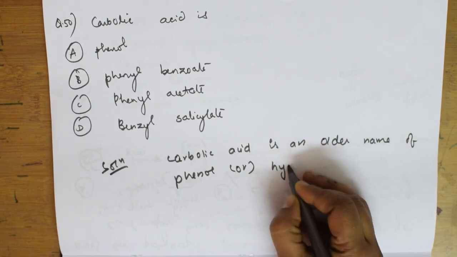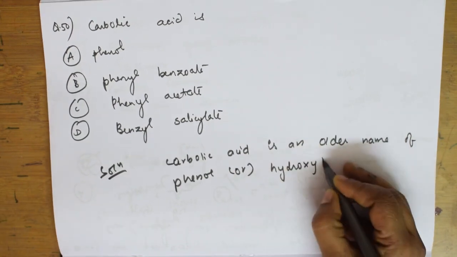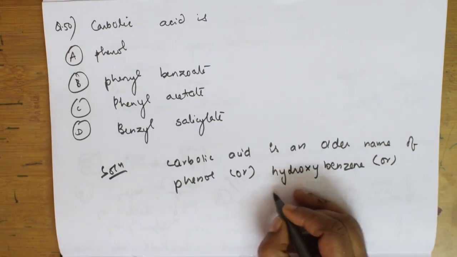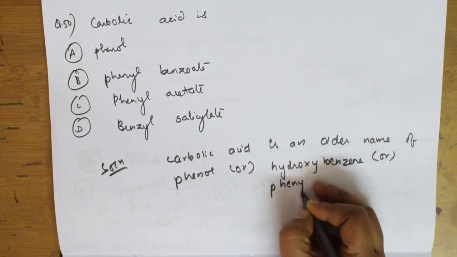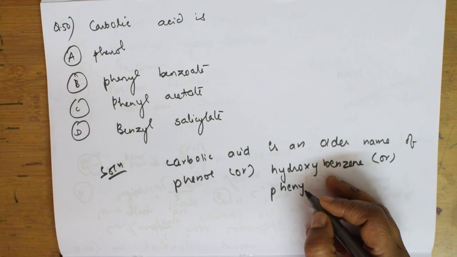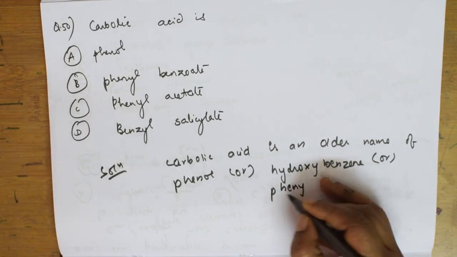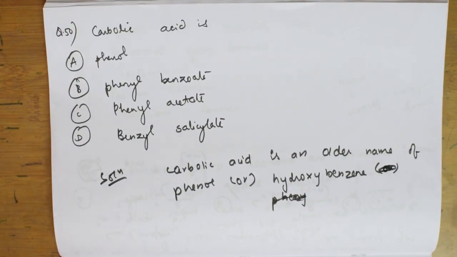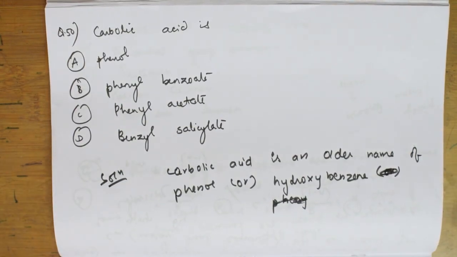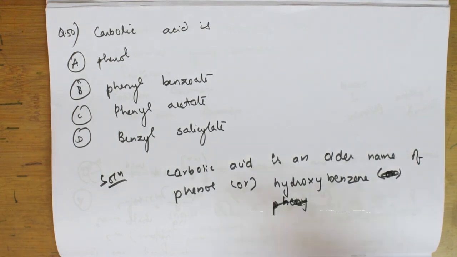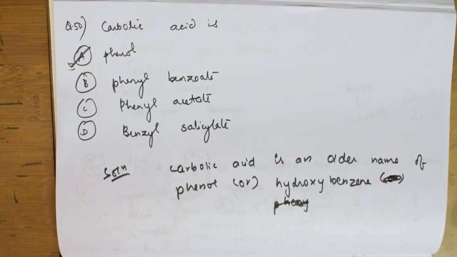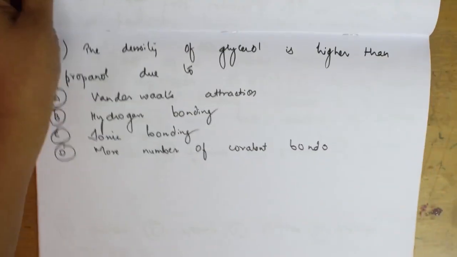It is also called hydroxybenzene or phenyl hydroxybenzene. I think this is enough for you. So the correct option, carbolic acid is phenol. This is the correct option, right? Let's come back and do the next question.